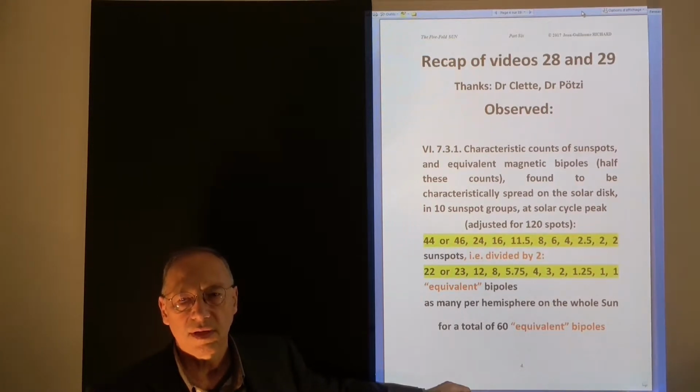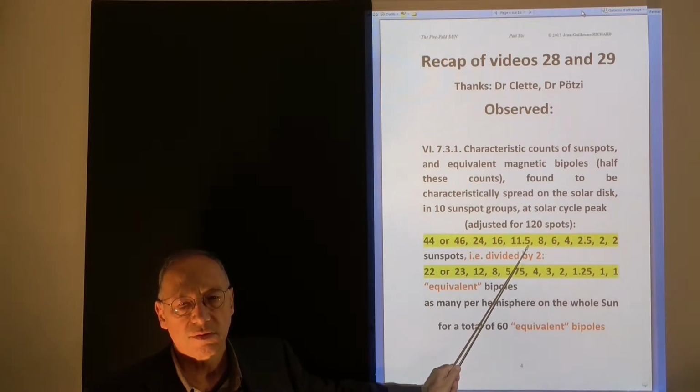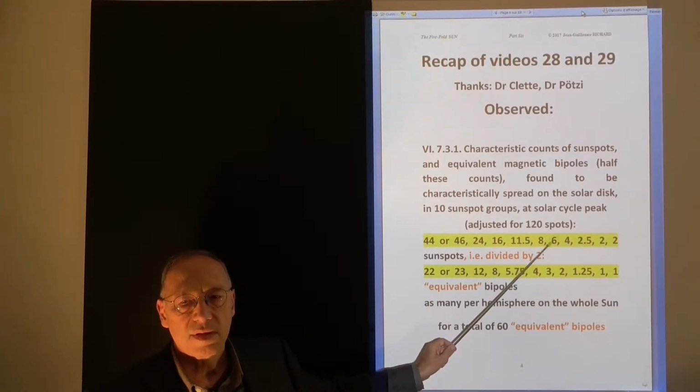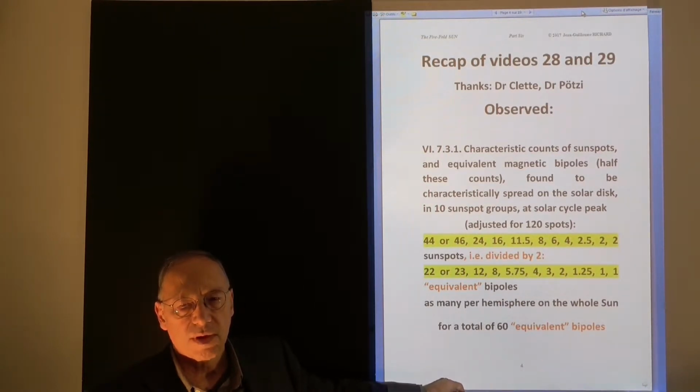We saw in the previous videos that the characteristic counts of sunspots, when considered on average over several solar cycles, can be proposed to be as follows, adjusted for a total of 120 spots, which seems to be characteristic for the peak of the solar cycle. And if we divide by 2, we arrive at these numbers of B-poles for the distribution of these B-poles among sunspot groups.